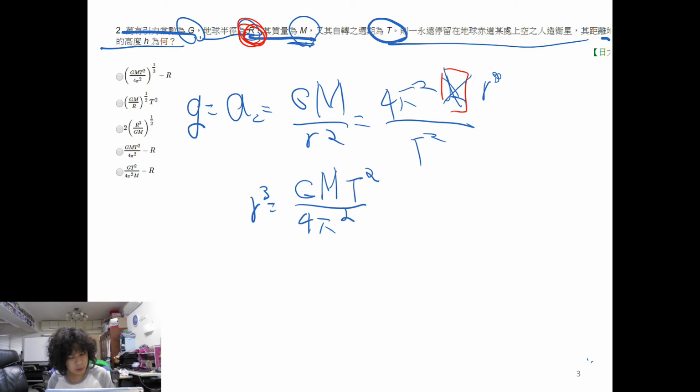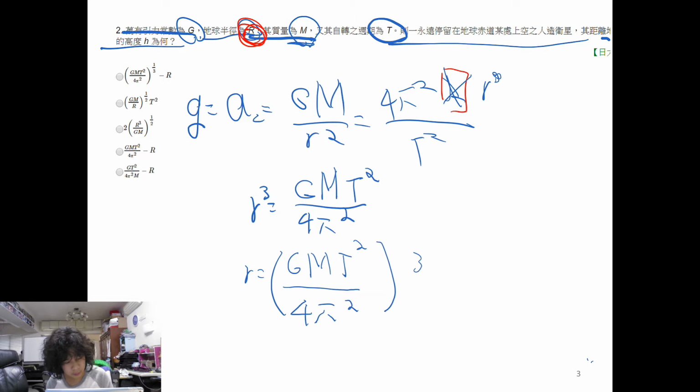Okay, so if you want to calculate r, it equals GM T squared divided by 4 pi squared, and then you just do that. But now you're actually calculating h, because the small r equals big R plus h.